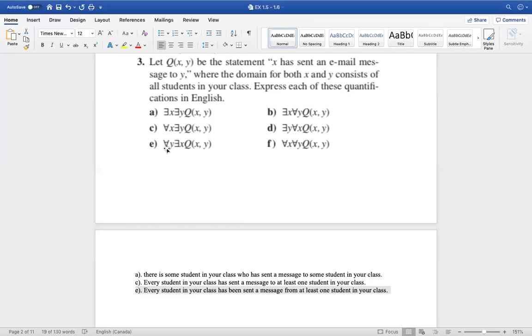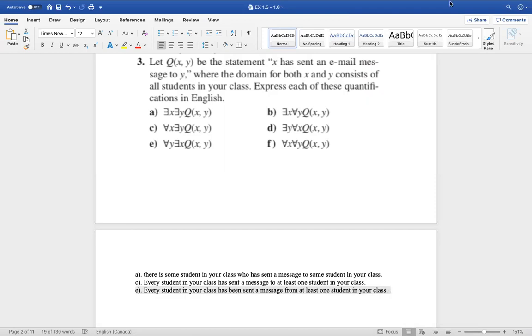But now because those variables are coming in a different order, X is coming later and Y is coming before. So because we have reversed the order, we also reverse the meaning. Before, X has sent an email message to Y, so now we say that has been sent a message from at least one student in your class.